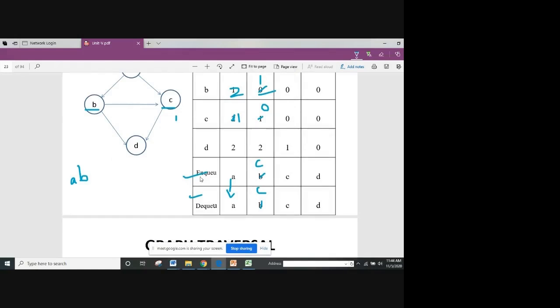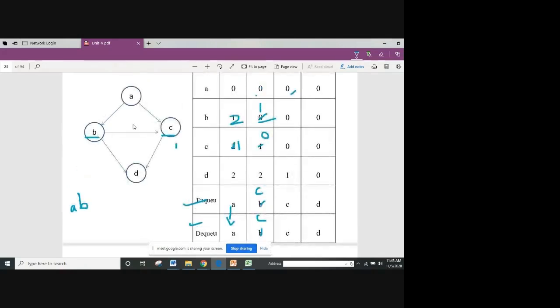Queue concept means when a particular vertex's in degree is falling, if the degree is equal to 0, you have to push it inside the queue. And when you are dequeuing it, that is the first one to be dequeued, the adjacent vertices' in degree has to be decremented.